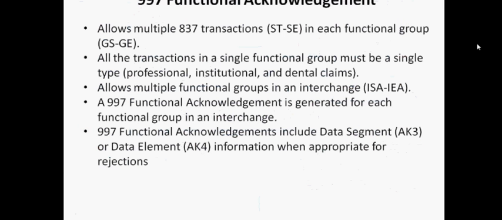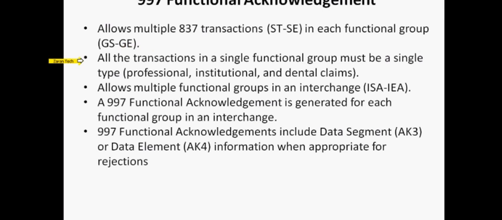Okay, so let's talk in a little more detail on this functional acknowledgement. Remember, when a compliance guide is violated, this 997 is generated. It allows for multiple transactions in each and every functional group. GS is your header and GE is your trailer.